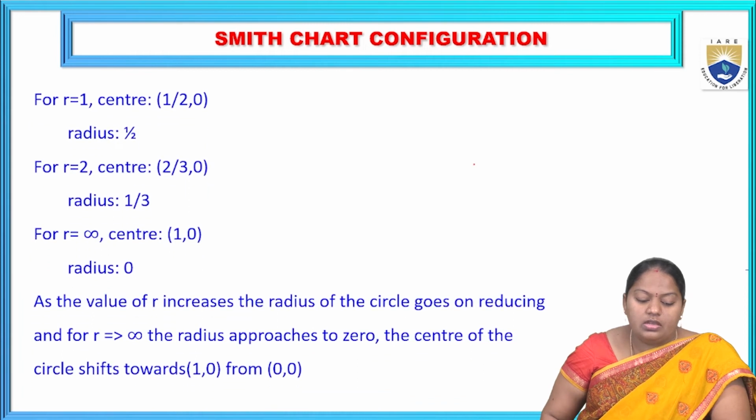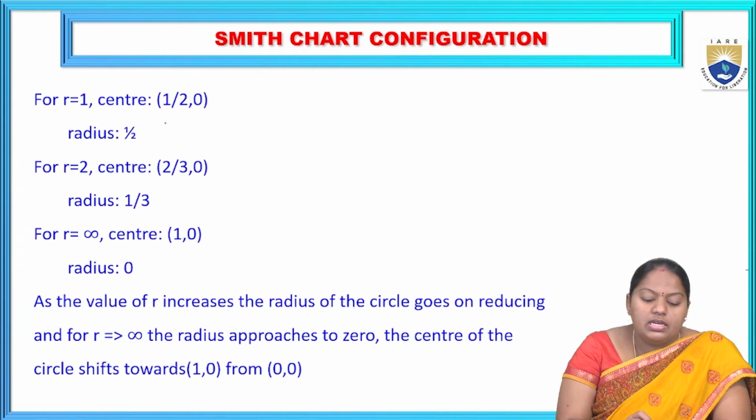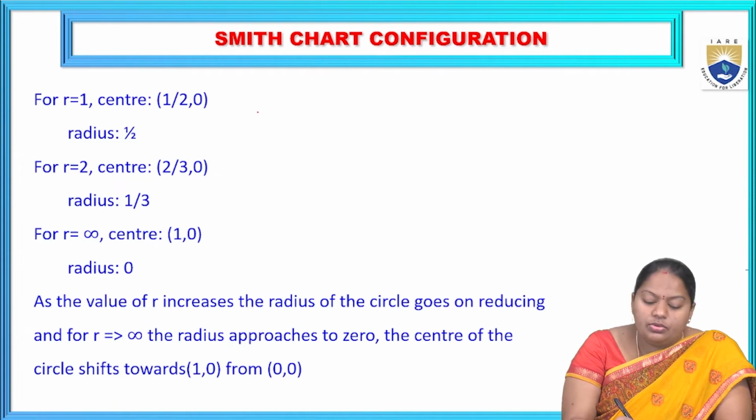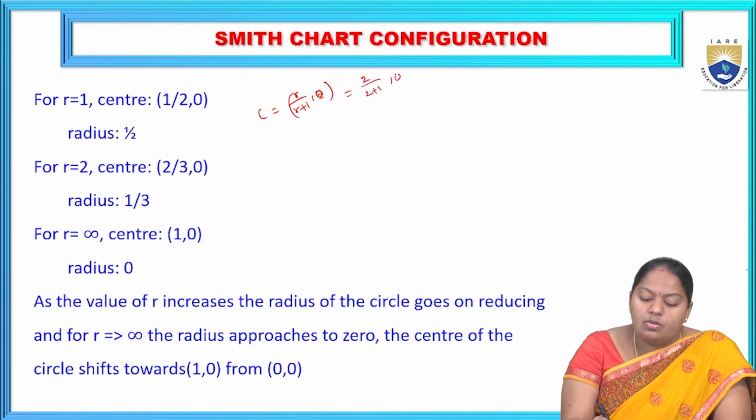See here, for r equal to 1, center is (1/2, 0) and radius equal to 1/2. Now for r equal to 2, center c is r by r plus 1 comma 0, so 2 by 2 plus 1 comma 0, which is equal to (2/3, 0), the center.